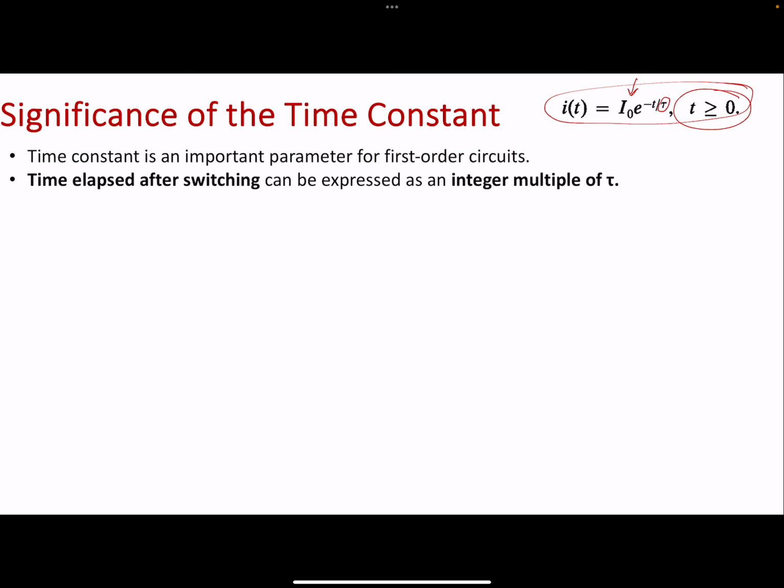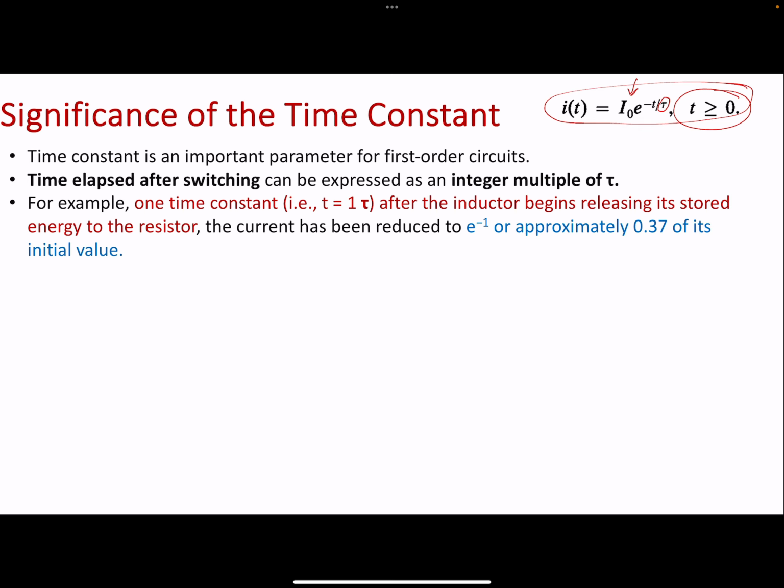So again, time constant is an important parameter for the first order circuit, and the way that we report is, we reported what is going to be the value of the current after 1 tau, 2 tau, 3 tau, 4 tau, 5 tau. For example, if you were to replace in this equation, e raised to the power minus t over tau, t equals 1 tau, you will figure out that it is going to become e raised to the power minus 1, right?